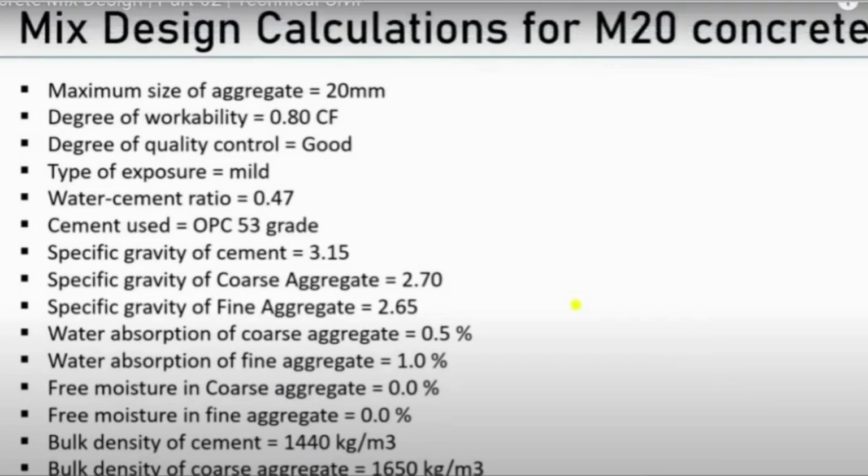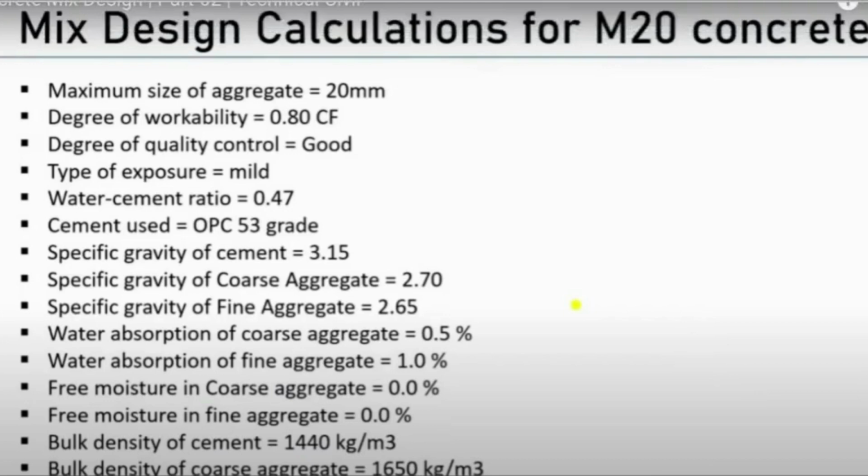After this, we are calculating the volume of aggregates, that is the total volume of aggregates. In the next step, from Table 3, the volume of coarse aggregate per unit volume of total aggregate is given by zone. Aggregates found in zone 2 and zone 1 are used for concreting.